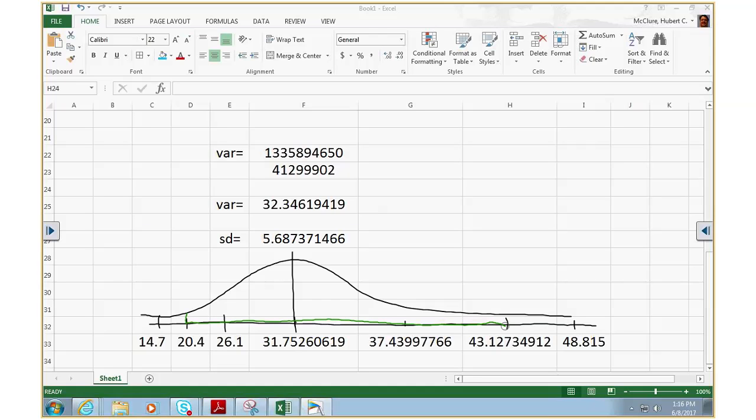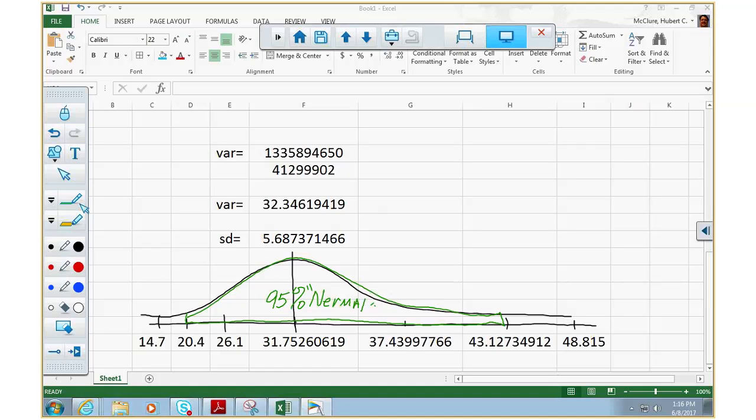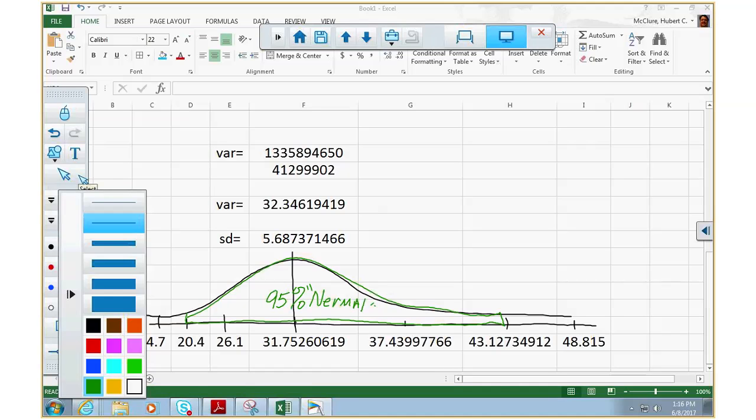Now these are longer over here because my boxes were bigger. There's 95% of the population in the normal area, 2 standard deviations. And take our handy-dandy red pencil and mark our outliers.